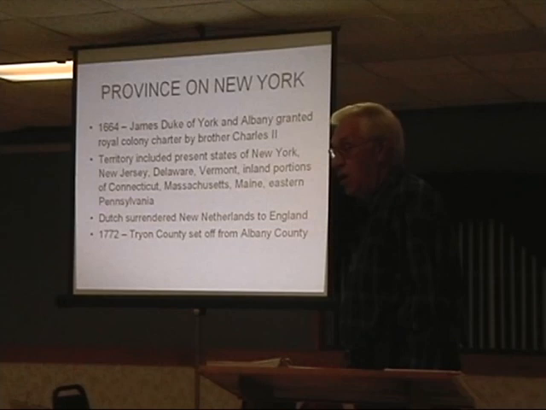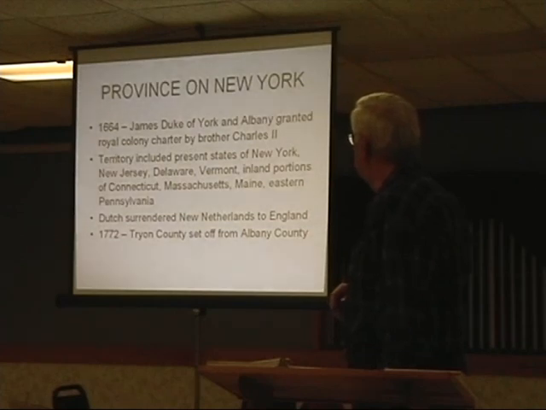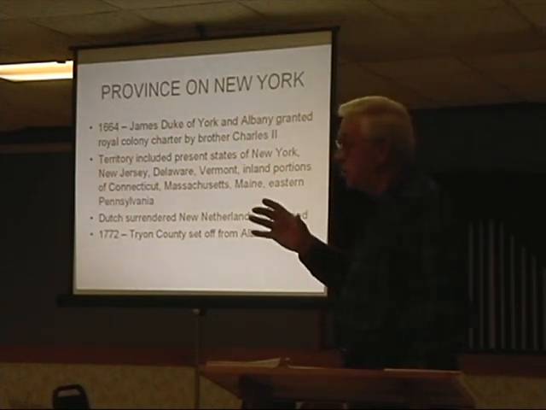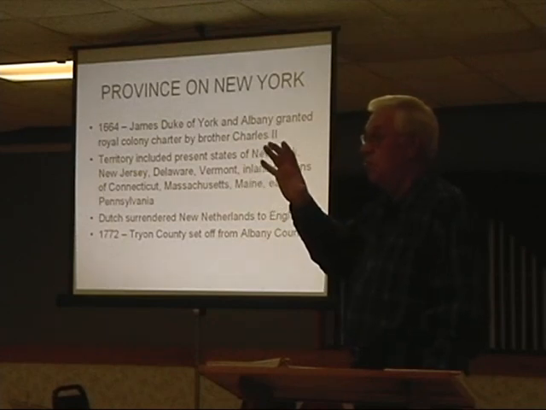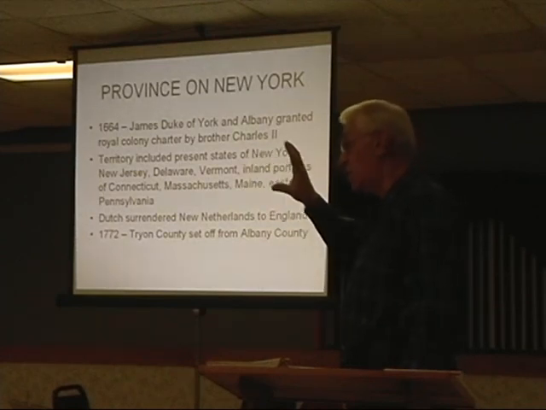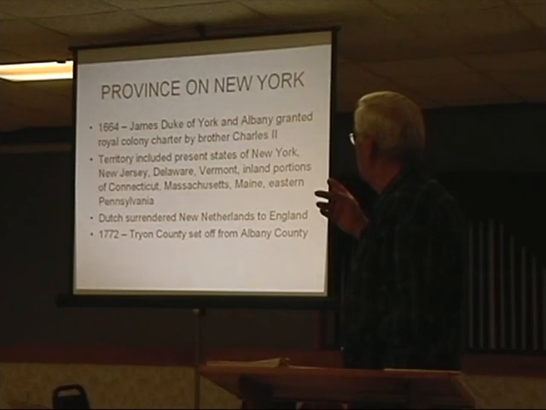Okay, 1664. The King of England, Charles II, granted to his brother James, the Duke of York and Albany, the area that basically comprises New York State plus, and I'll show you in a minute.